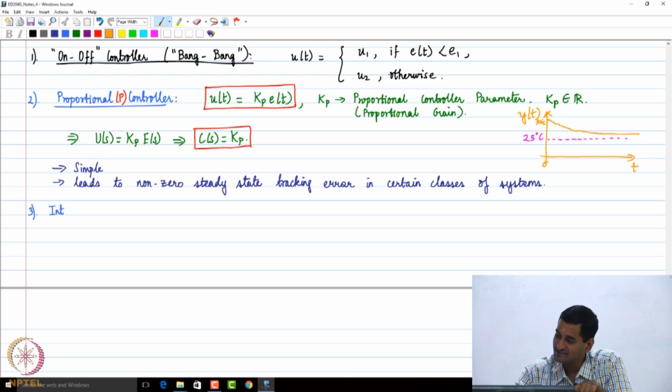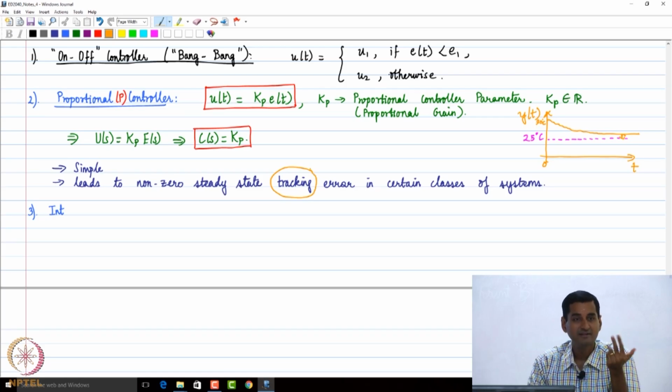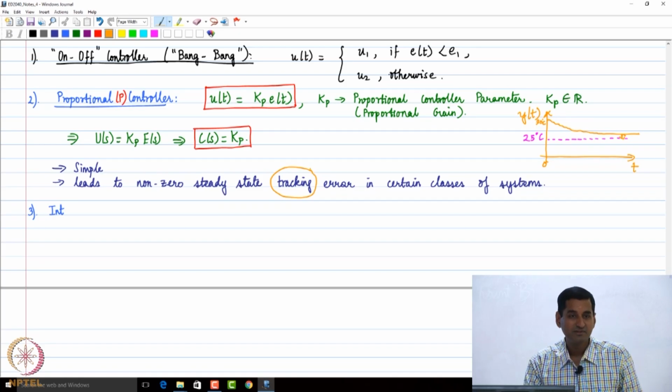So as time increases, you are going to have a non-zero steady state error. That is what I call a tracking error. Tracking means I want to follow a certain set point, or even a time varying reference input. So essentially, we will not be able to achieve zero steady state error. That's a limitation.